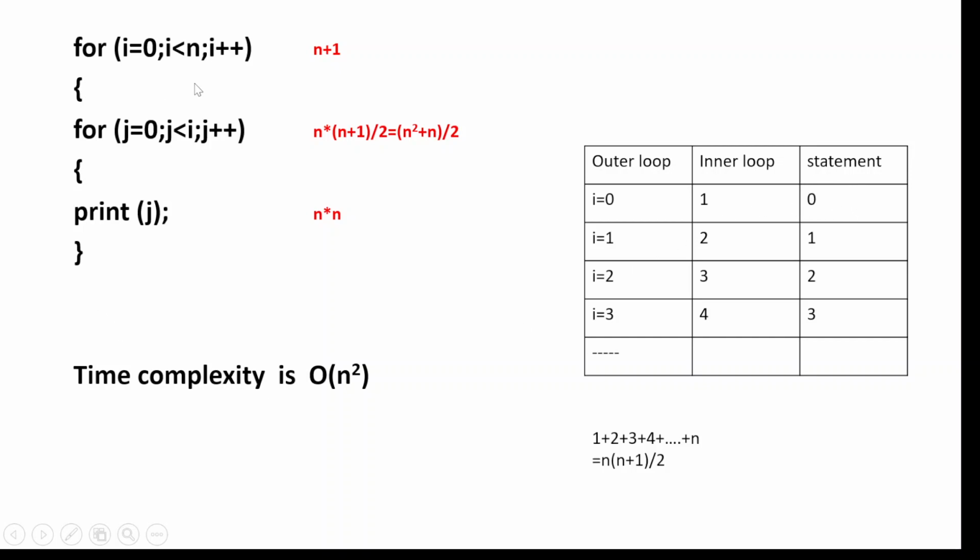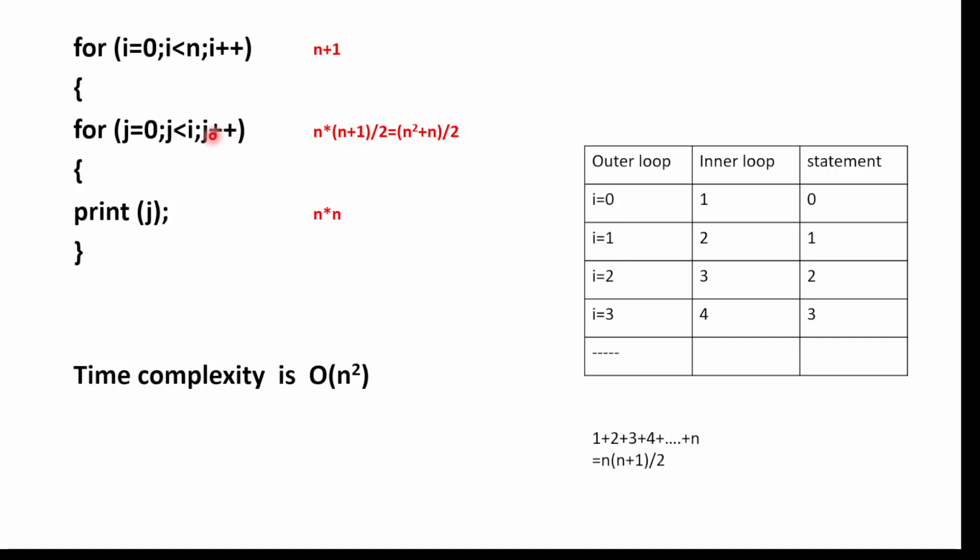Now it comes out, and the value of i gets incremented, so i is 1 now. 1 is less than n, and we are assuming that n is 5. So it comes into the inner for loop, where j equal to 0 and j less than i, which is 1 now.